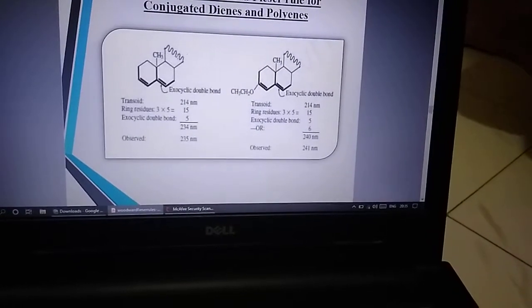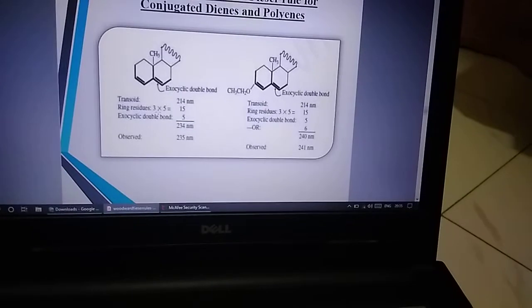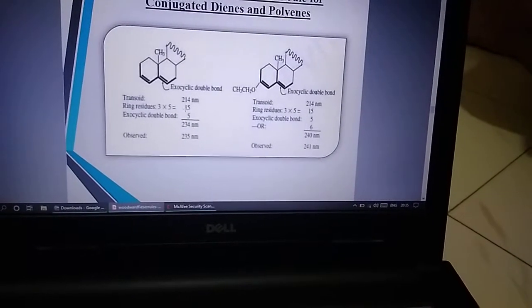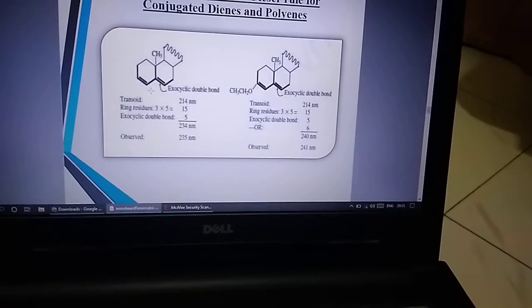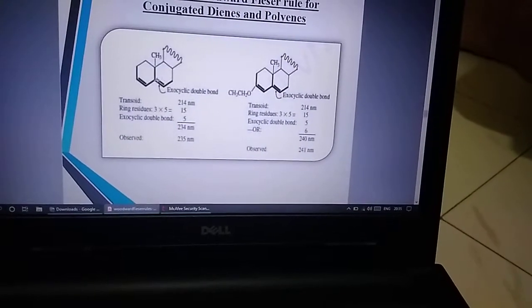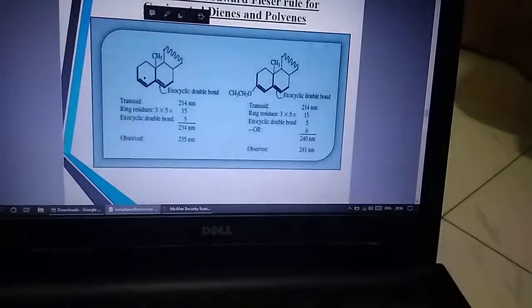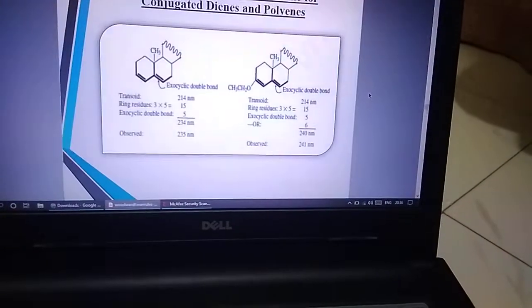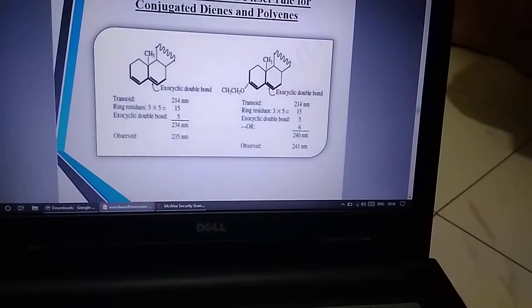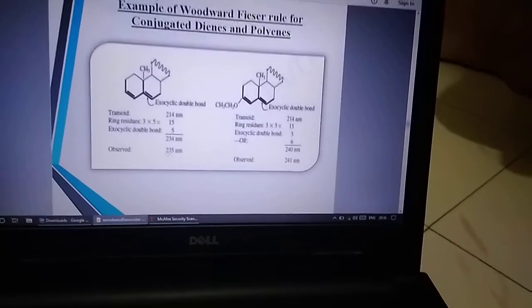These three ring residues each count for 5, so 3 into 5. Next this is 15. And the exocyclic double bond, as I already said, is where the bond is external to this ring. So that carries 5. So the total is 234, which is the calculated value, and the observed value is 235.